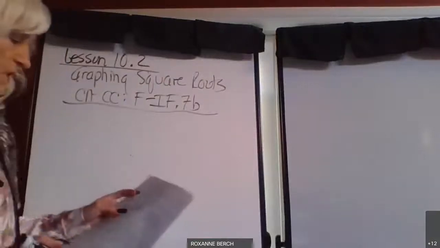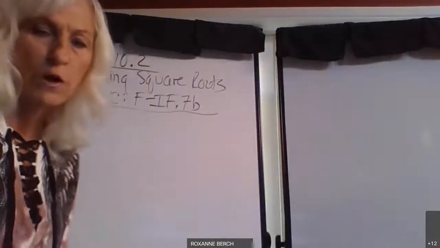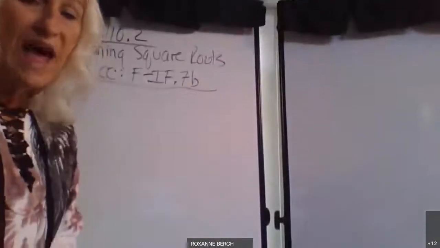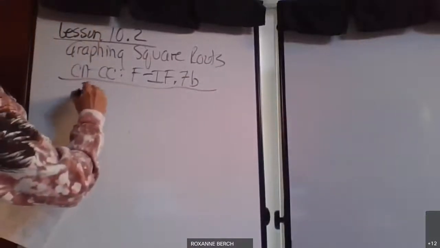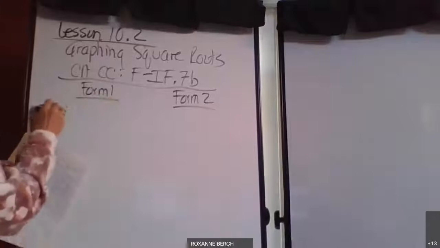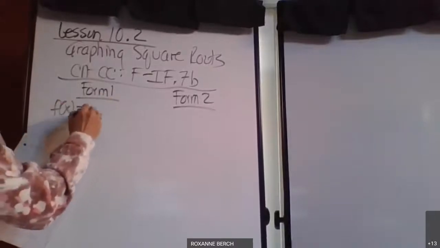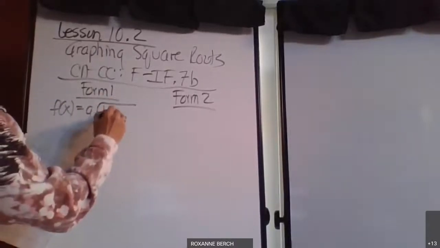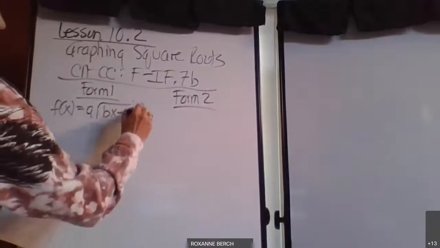Okay. So the first thing I want to talk about are the two forms. I've talked about the forms a lot, but I'm going to do it again, and I'm going to show you the square root. So here's form 1, and this will be form 2. Form 1 for square roots is a times the square root of b(x minus h) plus k.